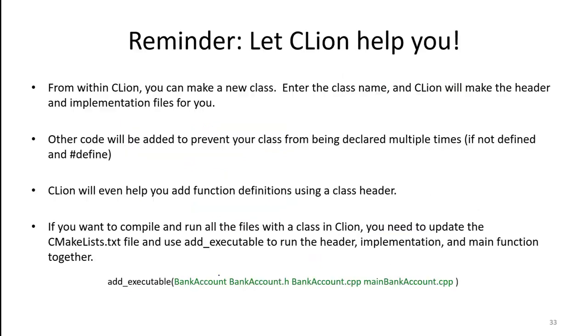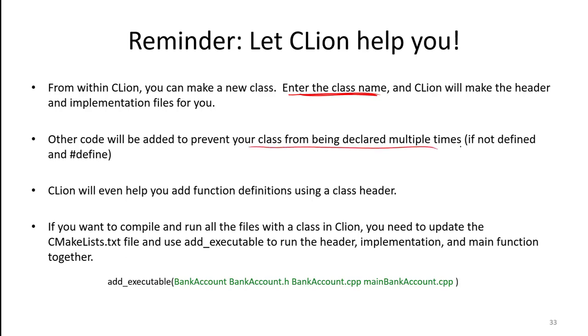So just a reminder, make sure you allow CLion to help you when you are writing classes. There's really nice features. So if you just use the new class option, you just enter the class name, and CLion will make the header and implementation files for you. CLion also adds that extra code to prevent your class from being declared multiple times.